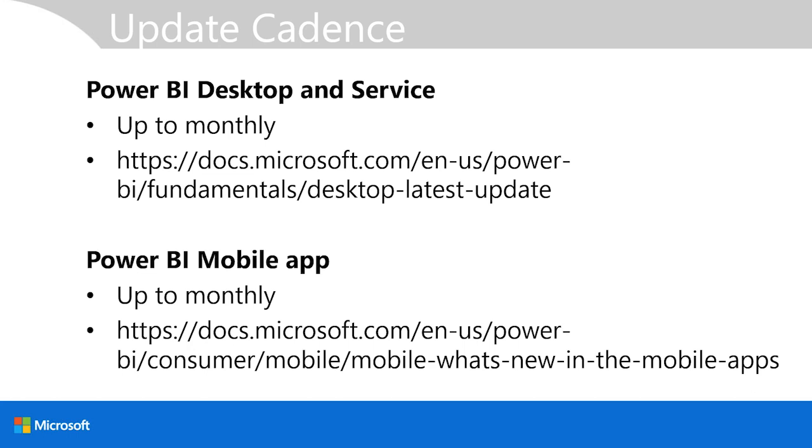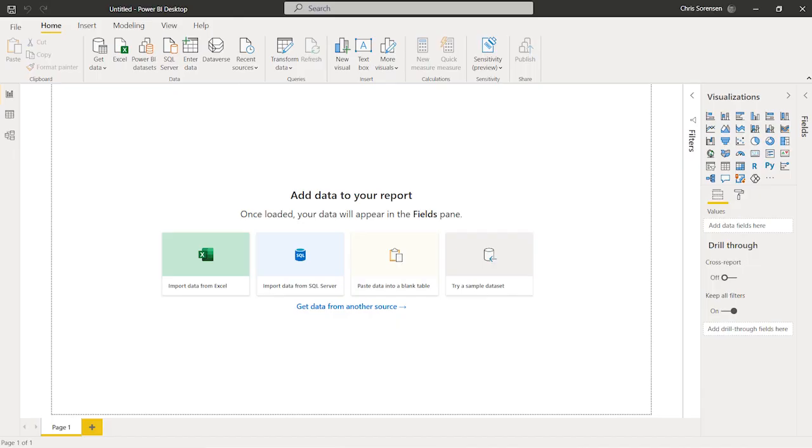All right, so let's go ahead and show you how to take a look at the version of the Power BI desktop that you're using, and show you these two websites. Okay, so first, let's take a look at what version of the Power BI desktop we're using. We can see up here in the top bar, it says Untitled Power BI Desktop. That lets me know that I'm on the desktop itself.